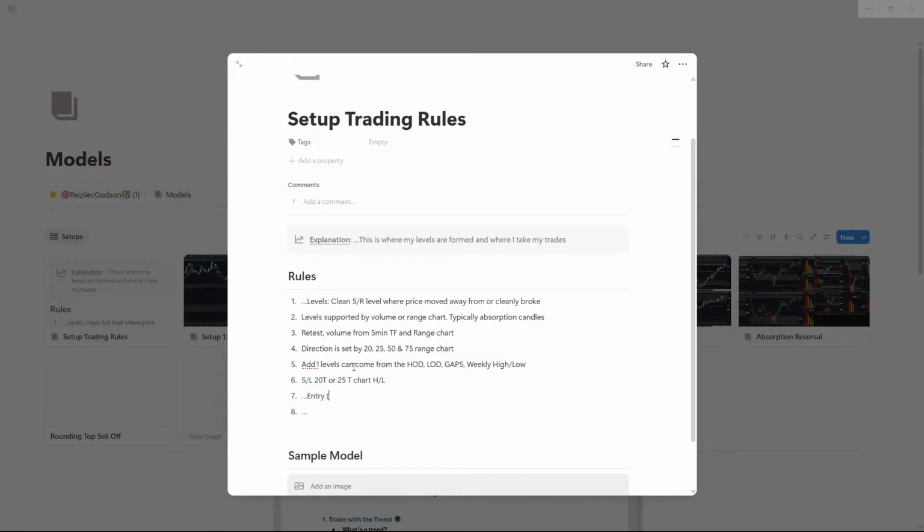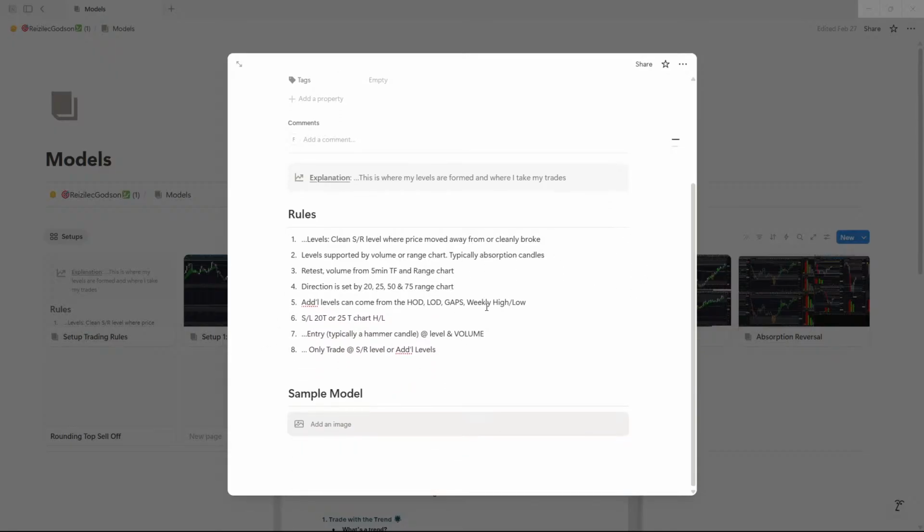Entry, typically a hammer handle at level and volume. And the last part, only trade at supply and resistance level or additional levels, which are these over here at 5. That's basically how it should go.